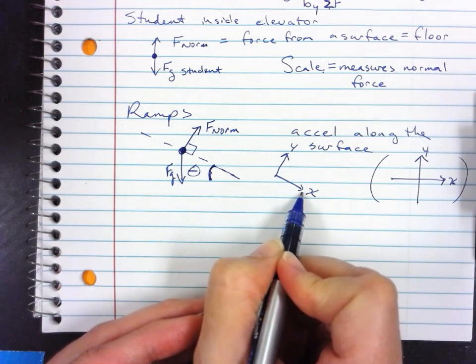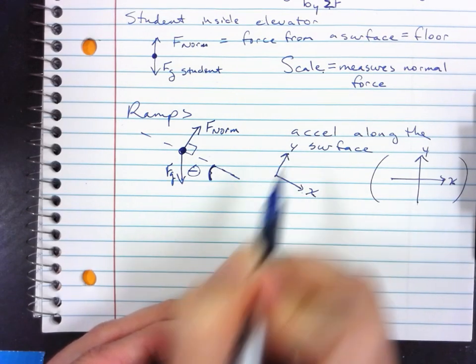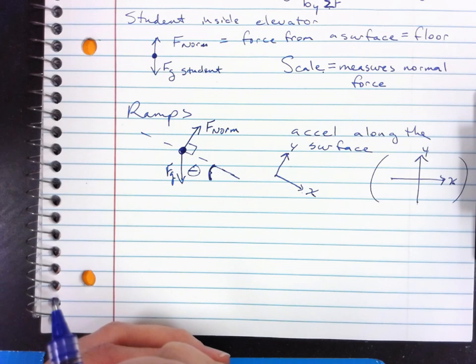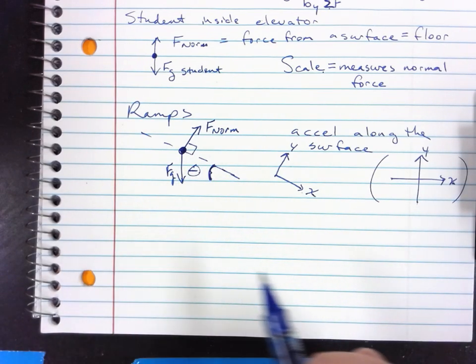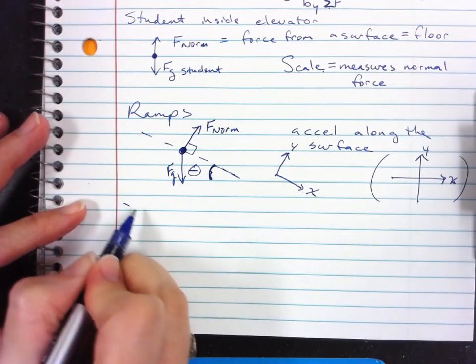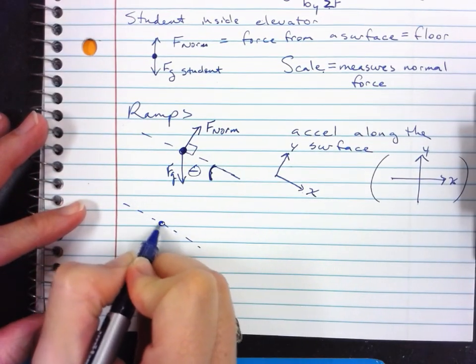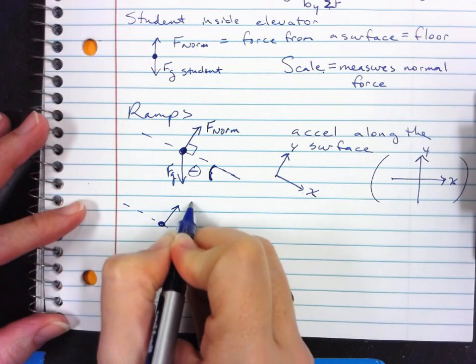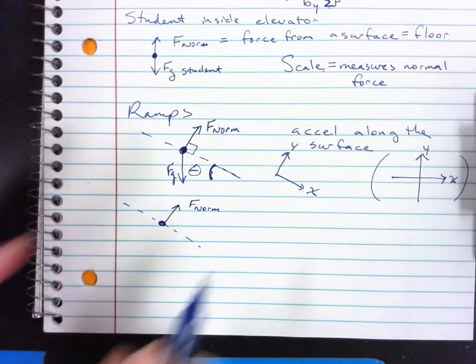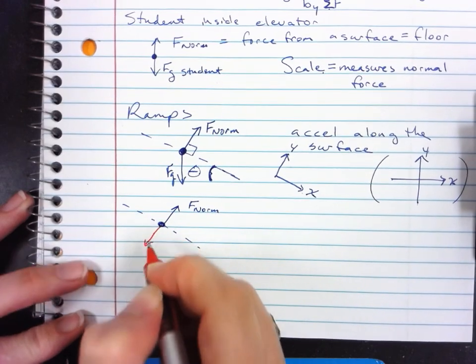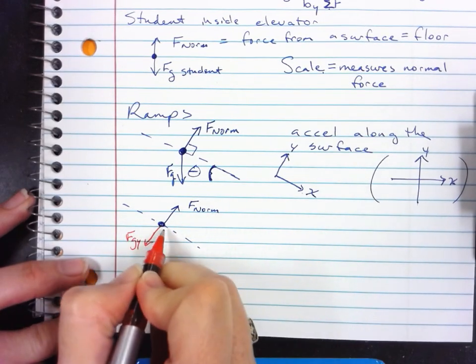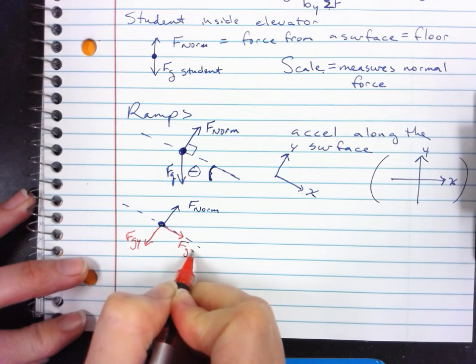For ramps, along the surface is x, perpendicular to the surface is y. So we don't need to break up the normal force. We need to break up the force of gravity. So if I redraw this, just like we did with all those equilibrium problems yesterday, we have FGY and FGX.